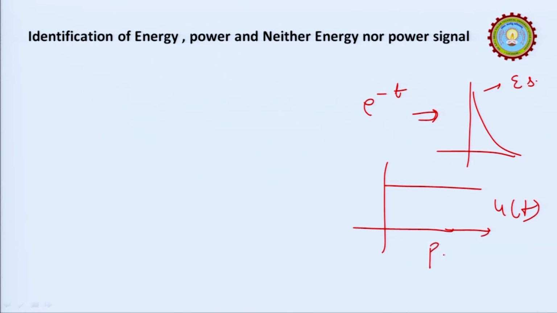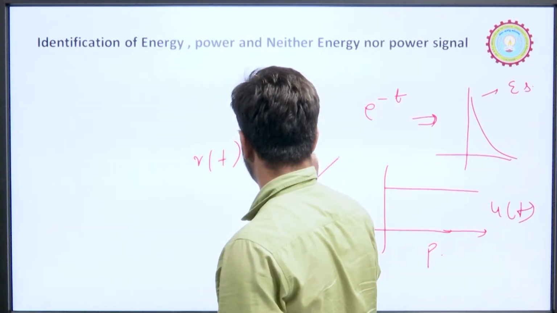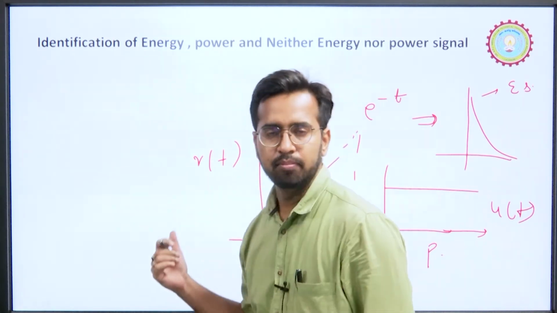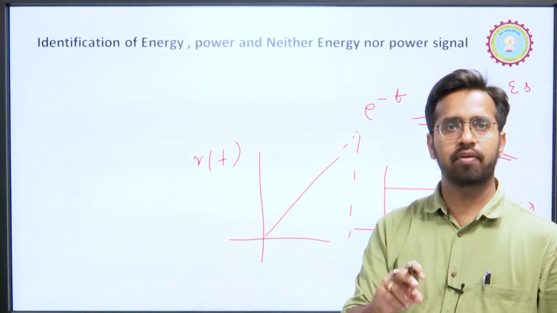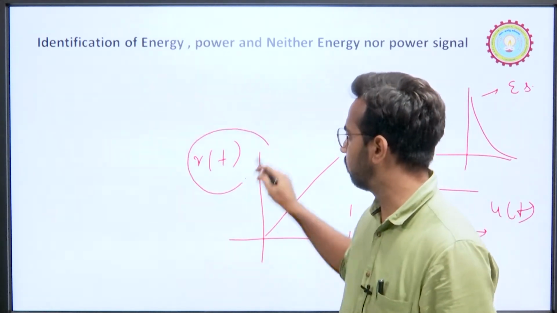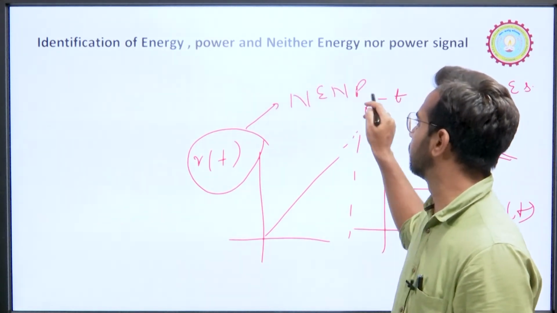Third one, r(t), the ramp signal. The signal has infinite magnitude at some time, at a particular time. That means this signal falls under the category of neither energy nor power signal.